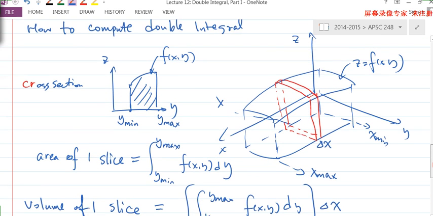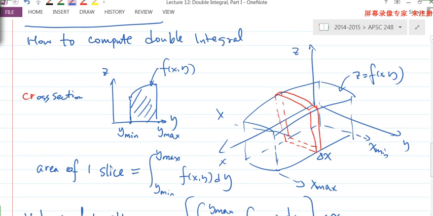But the bottom line here is we are slicing this bread, or the volume or the object, using a plane. In this case, the plane is parallel to which axis? To the YZ axis here, right? But the cutting is an arbitrary cut.